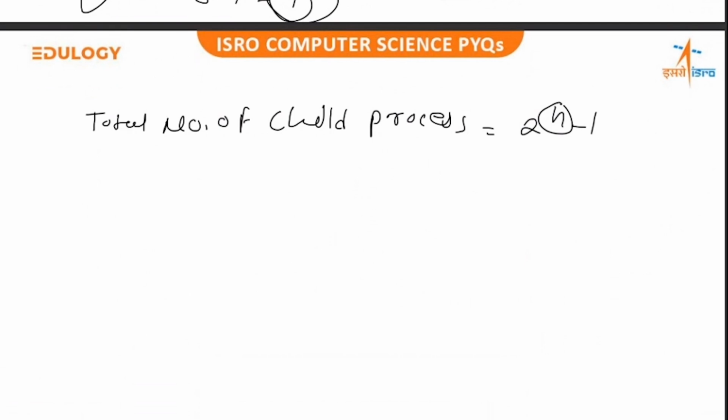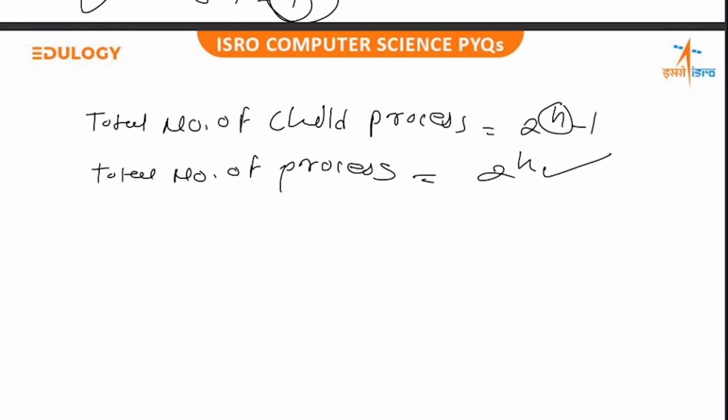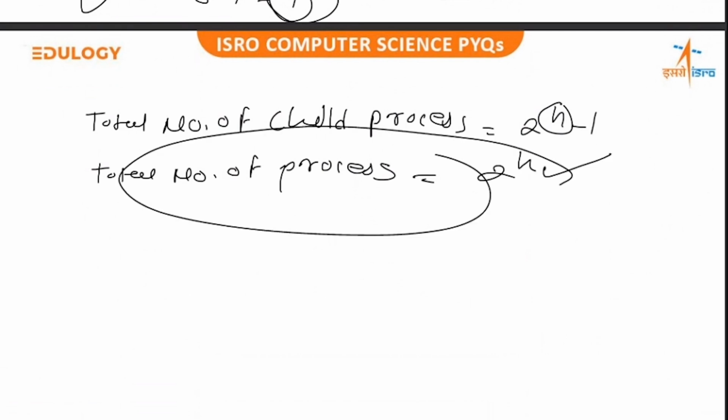What is n here? The number of times your fork system call will execute. If someone asks you the total number of processes, then simply 2 power of n. 2 power of n is your total number of processes in a fork system call, and 2 power of n minus 1 is the total number of child processes in a fork system call.